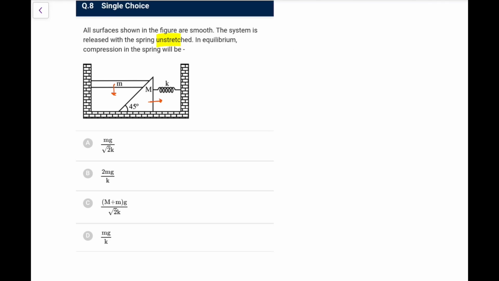So first of all, let me draw the FBD of this block. So a spring is compressed, so spring will put a force Kx. Its own weight would be mg, and there will be this normal force coming at an angle 45 degree like this, and plus a normal coming from ground.